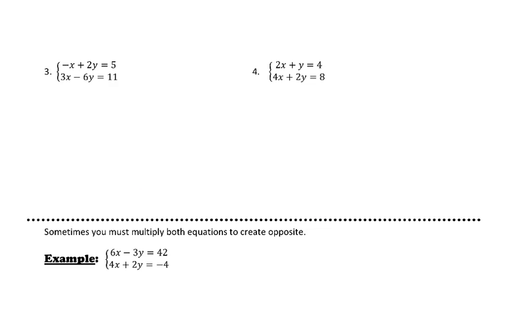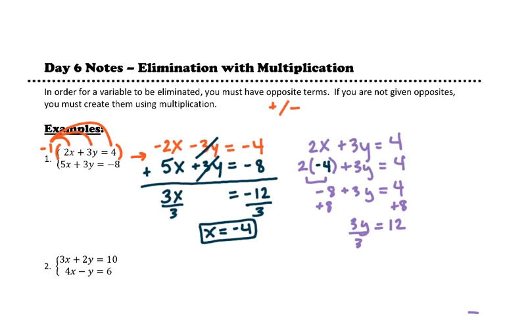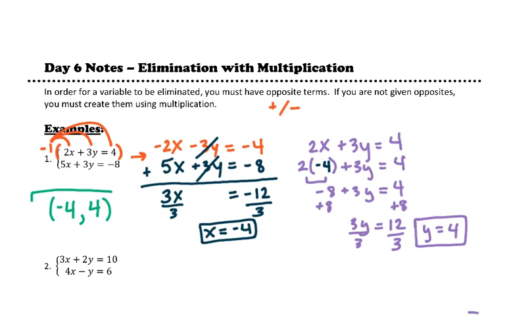And so then we divide by 3, and we get that y equals 4. All right, and so for our final answer, we're going to put negative 4 as x and positive 4 as y. It's always x comma y for our answer.